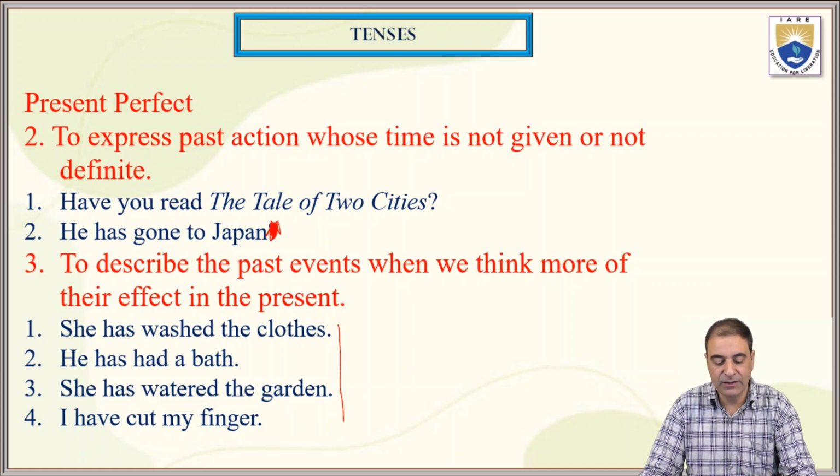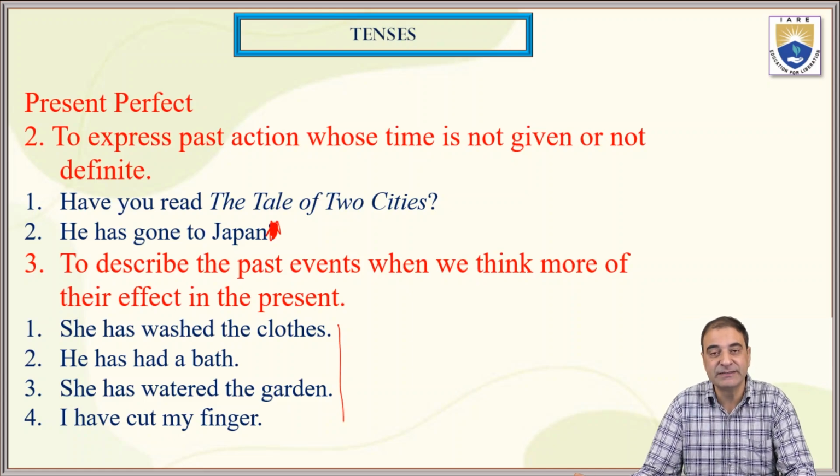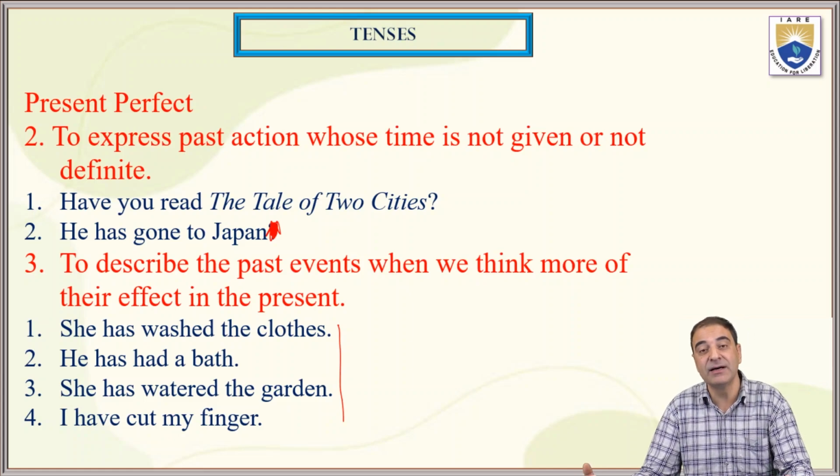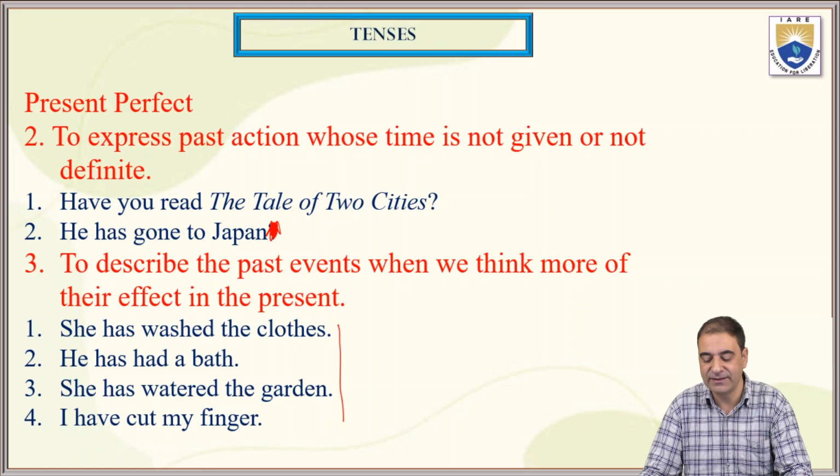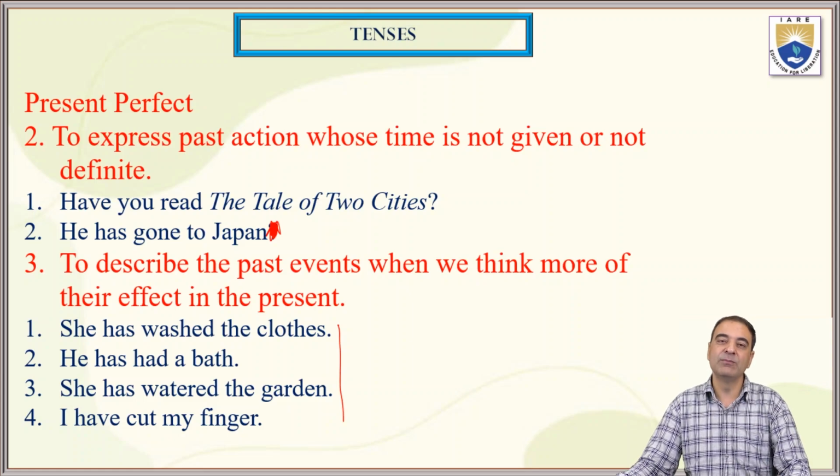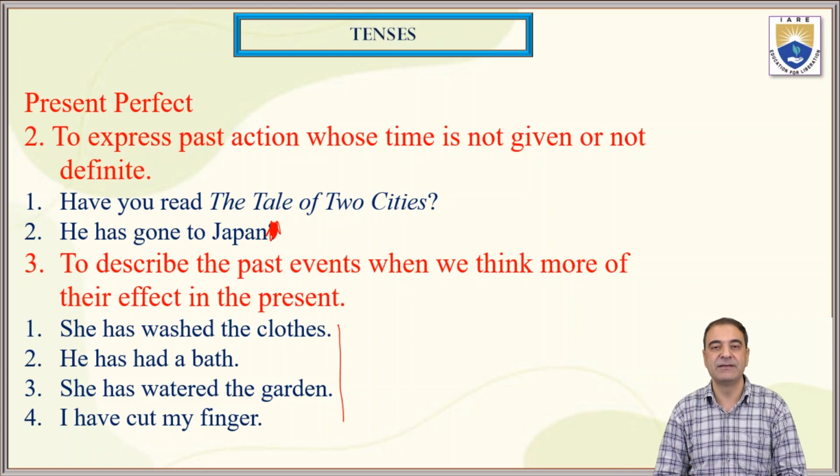That's why I told you that we use this present perfect tense to describe past actions or past events when we think more of their effect in the present. Or to make it more explicit, it means we can use this present perfect tense with past actions whose effect is still felt in the present.